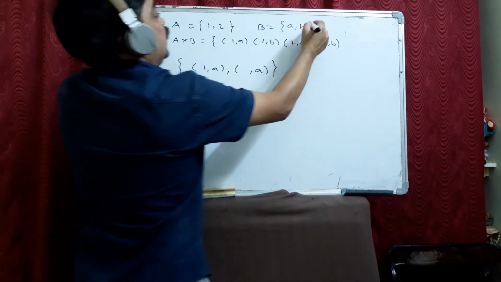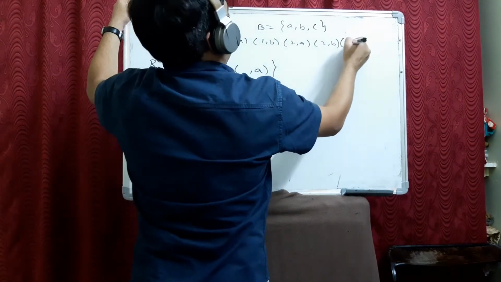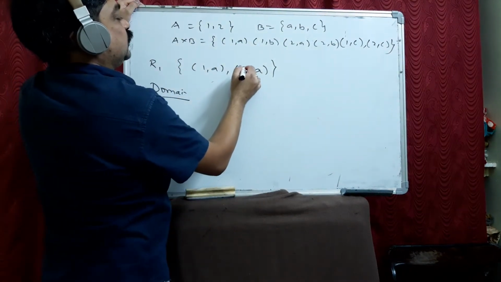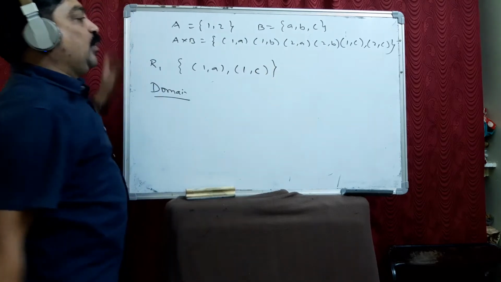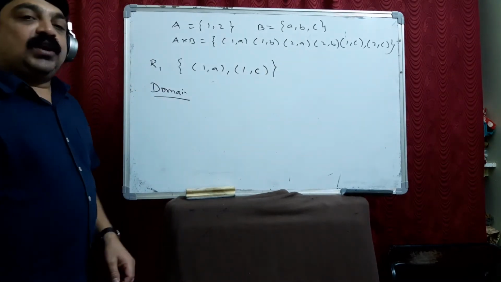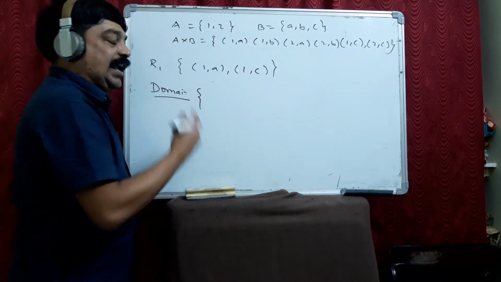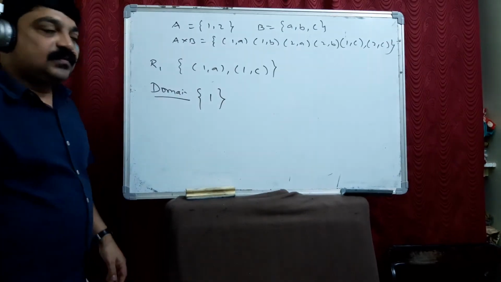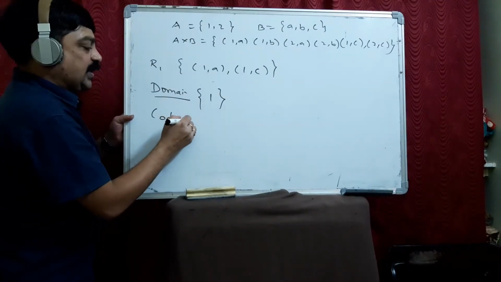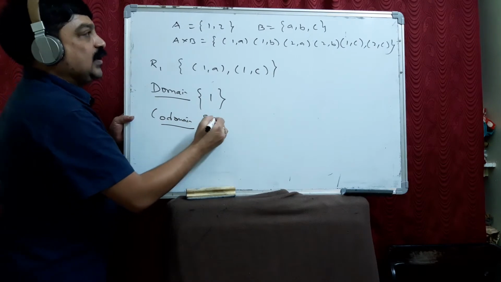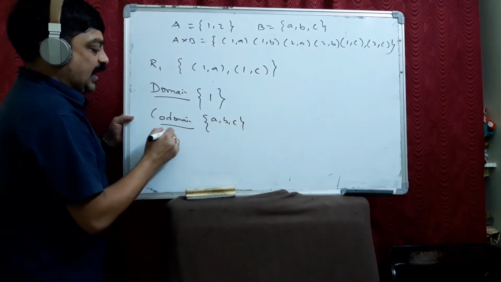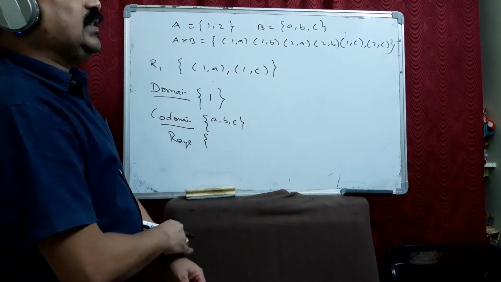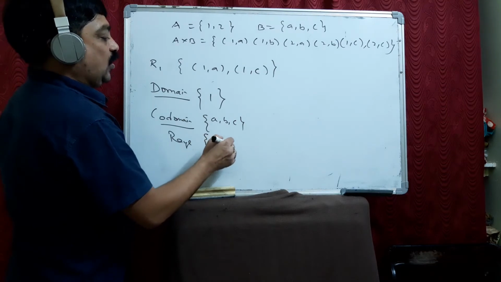We take one more, with c also: (1,c), (2,c), (1,a), (1,c). What is the domain? The domain is the set of elements in A, in the first set, that have participated. Only one. The codomain is all the elements of set B, that is a, b, c. And the range is the set of elements in B that have participated. I think all are participated.